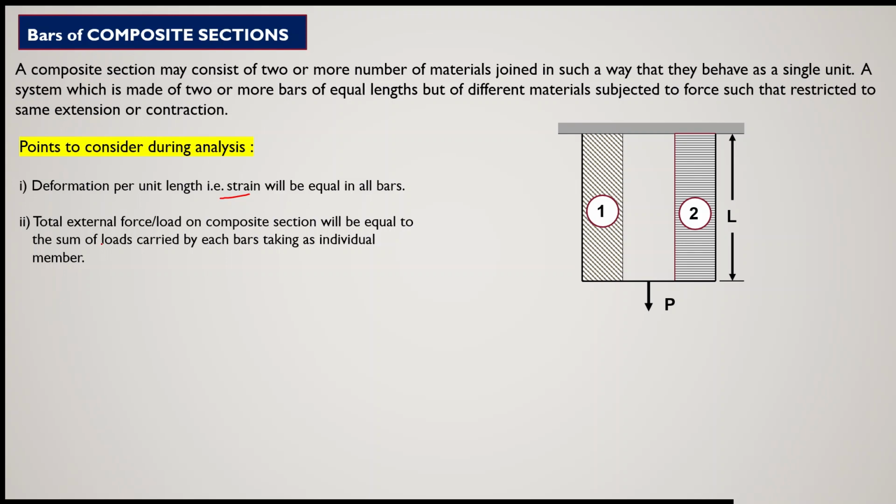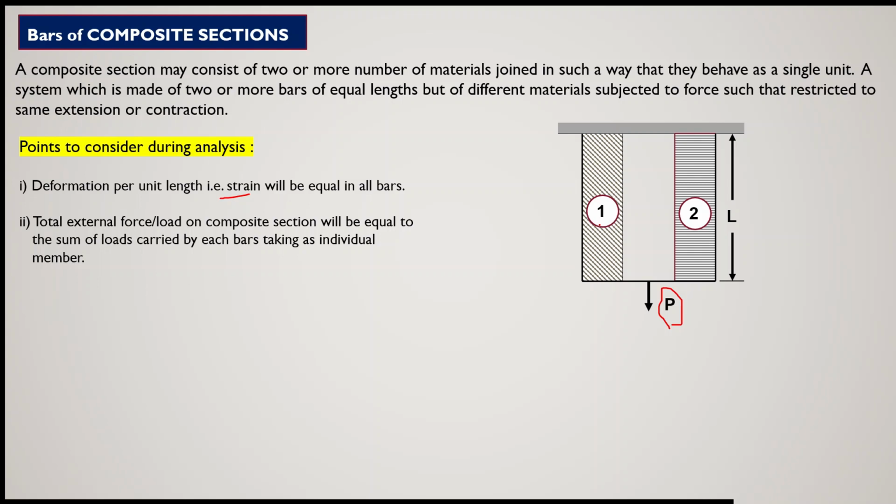The second point is the total external force or load. Here P is the load. So the total external load on the composite section will be equal to the sum of the loads carried by each bar taken as an individual member. Suppose for load P, member 1 shares load P1 and member 2 shares load P2.